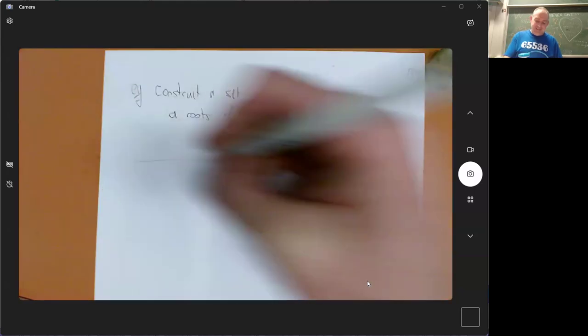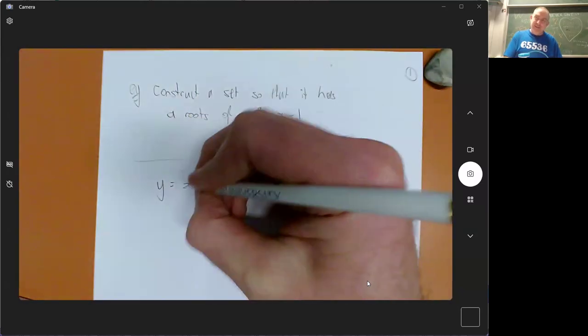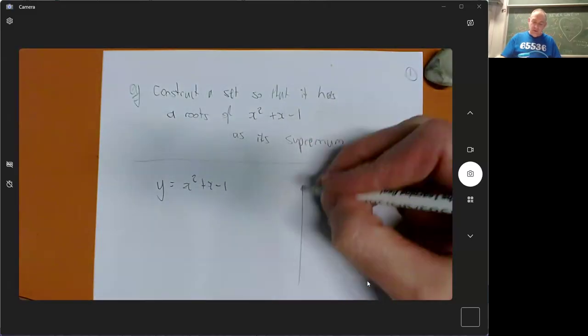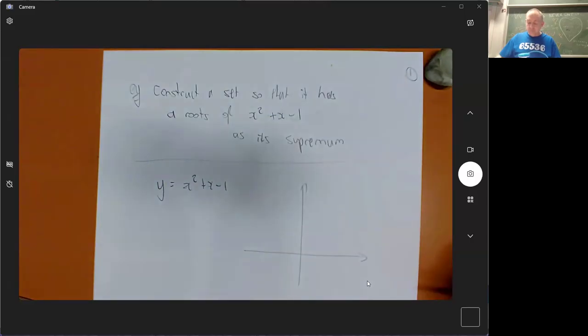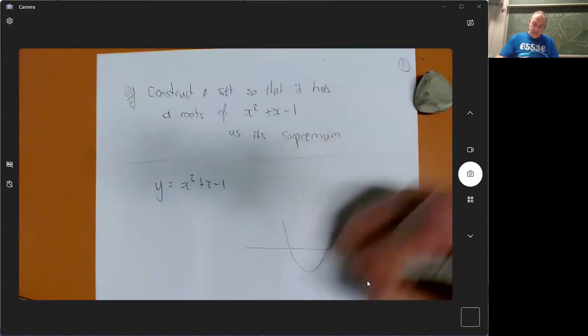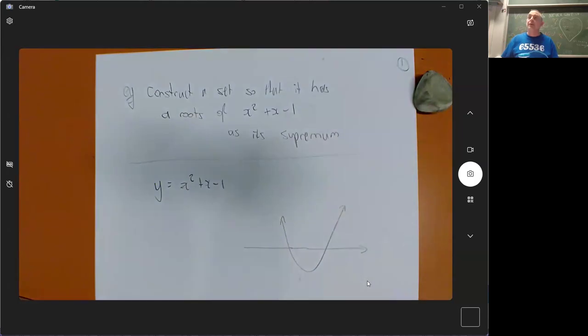Well, this is my thinking. If I let y be equal to x squared plus x minus 1, this is my imagining, it's not necessarily the proof yet. Then that would be a quadratic facing upwards. And if this had any roots at all, it would look something like that.